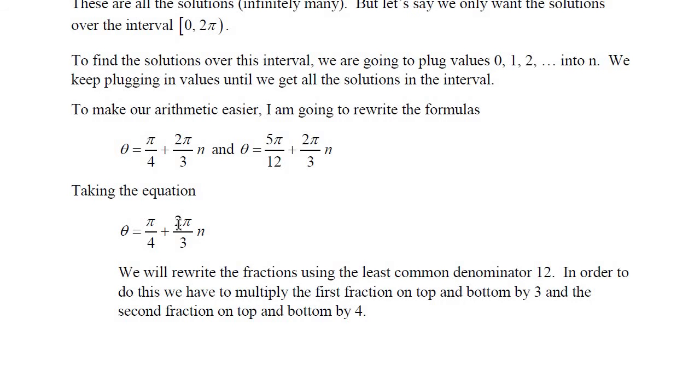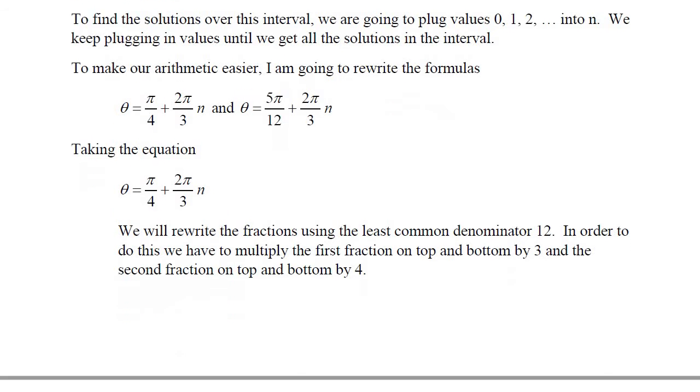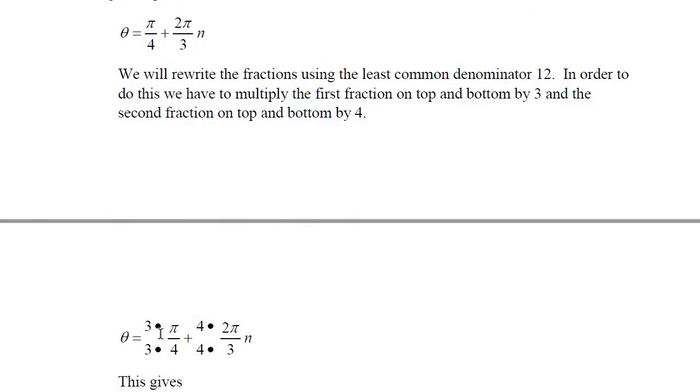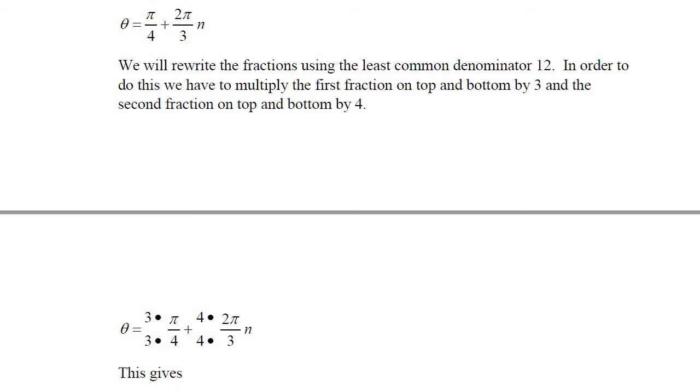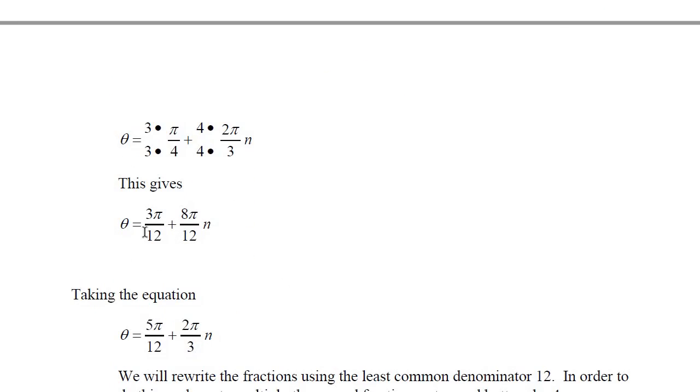And the second fraction I've got to multiply top and bottom by a 4. So here we're doing this for the first fraction, multiplying top and bottom by 3. For the second fraction, multiplying top and bottom by 4. And this ends up giving me theta equal to 3 pi over 12 plus 8 pi over 12 times n.